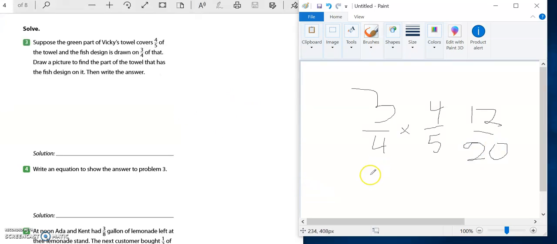All right, and when I reduced that down, I divided both sides by 4. 12 divided by 4, I got 3, and 20 divided by 4, I got 5. So for number 4, this is our equation. 3/4 times 4/5 equals 12/20. Our solution is 12/20 or 3/5. All right.